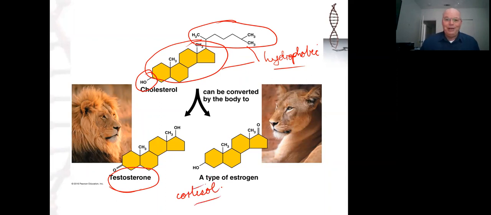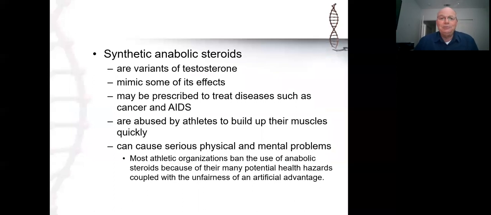And as you'll see on the next slide, anabolic steroids are also steroid hormones. They are synthetic forms of testosterone, in many cases more effective than testosterone. And they have all sorts of issues when people, particularly males, but even females, take anabolic steroids.